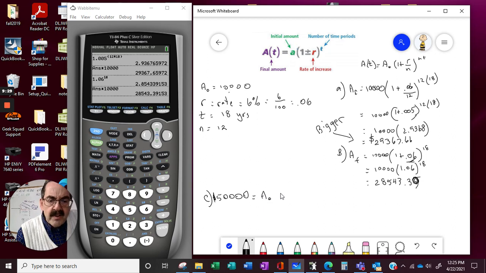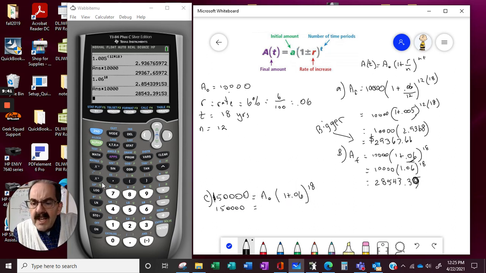Our start value, times 1 plus 0.06 to the 18. 150,000 equals start value times 1.06 to the 18th power. 1.06 to the 18th power is 2.8543.